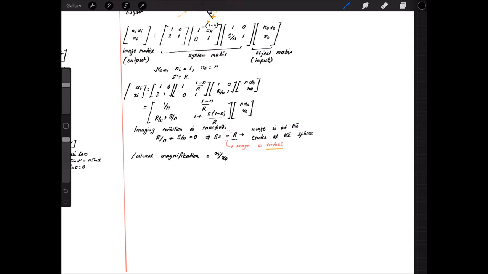If you do the multiplication, you'll see that this is equal to 1 plus s over r. You do the multiplication and solve the equations: s over r times 1 over 1 minus n. And we already know that s equals minus r. So the lateral magnification is equal to 1 minus 1 plus n. So this is equal to n.